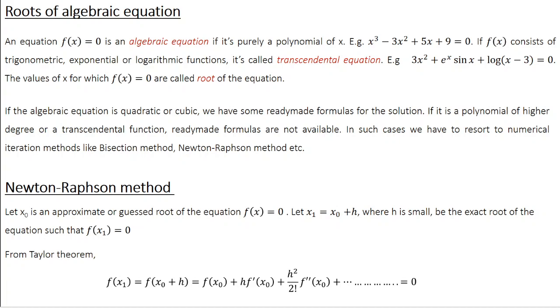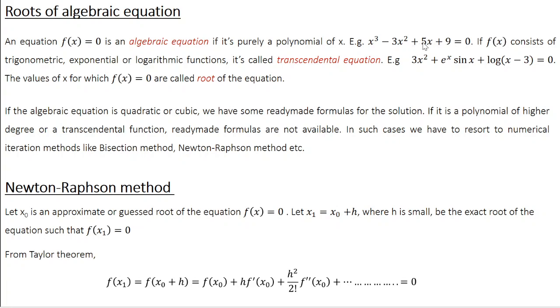In today's class, let's discuss how to find roots of an algebraic equation numerically. An equation f of x equal to 0 is called an algebraic equation if f of x is a polynomial function. For example, x cubed minus 3x squared plus 5x plus 9 equal to 0.